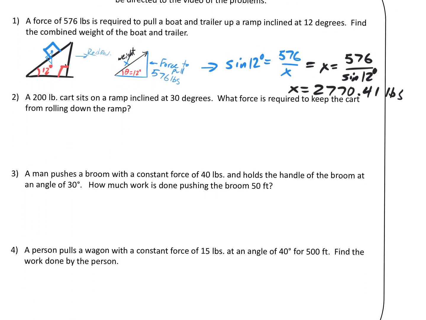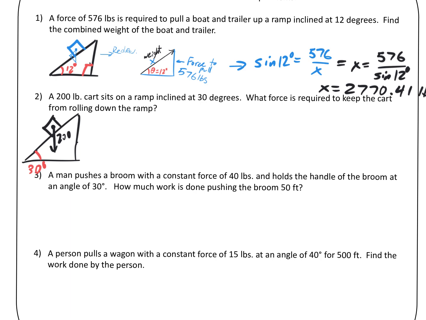Let's go ahead and look at the second problem. If you can, go ahead and set it up in a similar fashion. I quickly made a sketch here of the ramp with the 200-pound cart on it. The ramp has an incline of 30 degrees. Again, start by redrawing this.